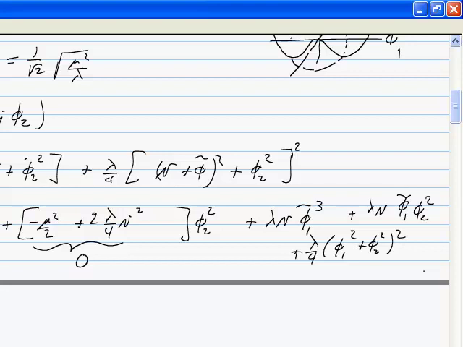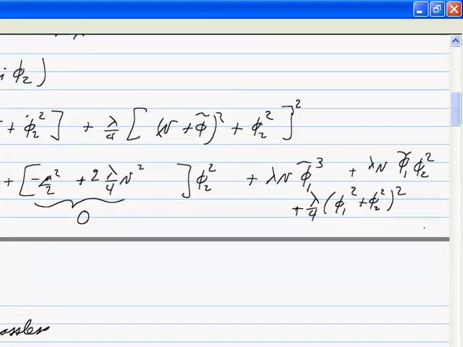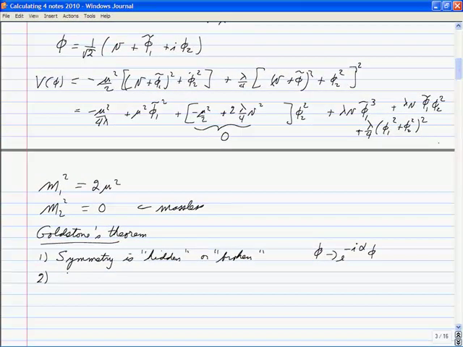The consequence of that, in a theory that has a symmetry, is that the ground state has many possibilities. It's continuous.